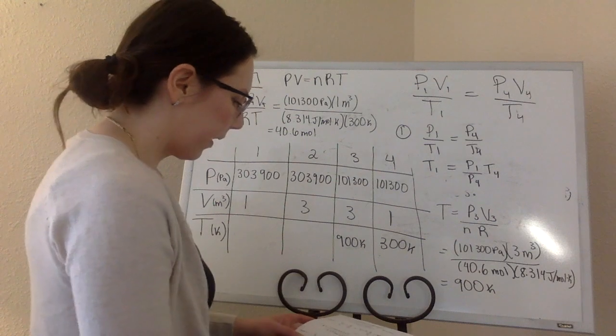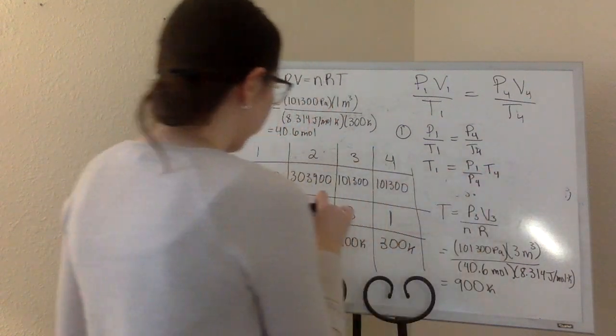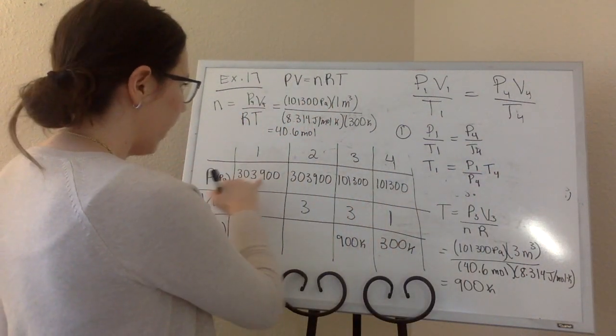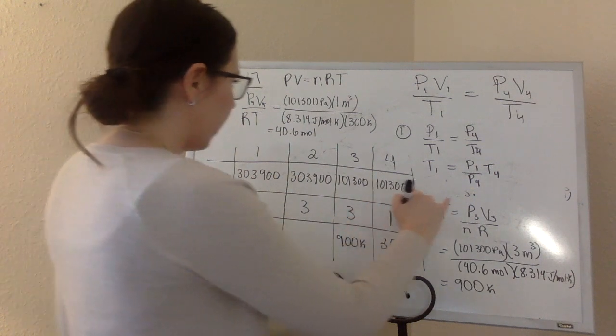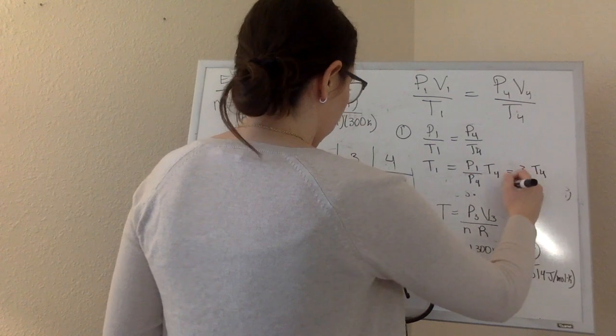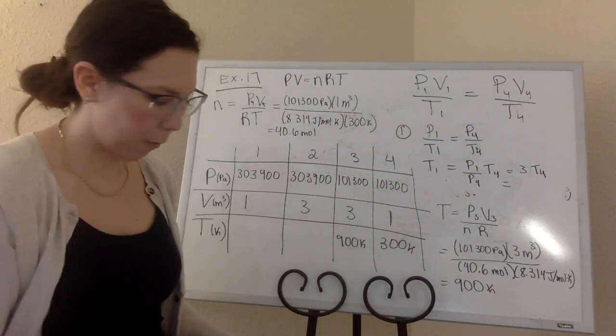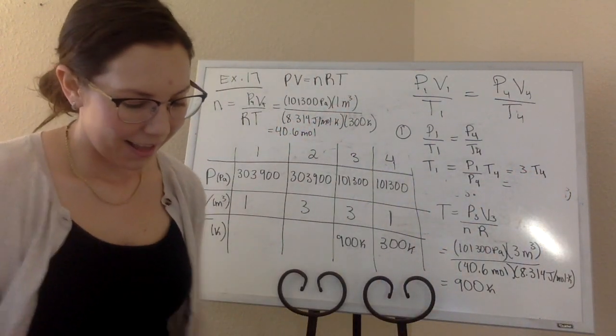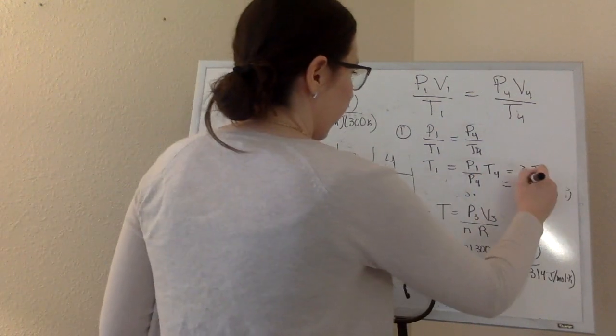If we plug that in, P1 over P4 is 3, times T4, so that will give us, again, 900 Kelvin.